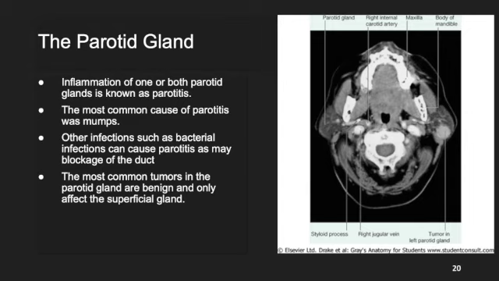It almost looks like you have walnuts or a lot of marshmallows in your cheeks. It can be infected by bacterial infections as well. Sometimes a duct gets blocked. And every once in a while, you're going to see tumors that actually develop in the parotid gland as well.